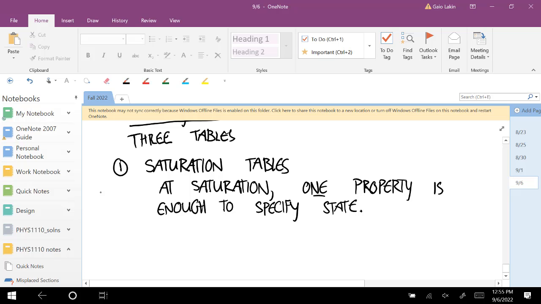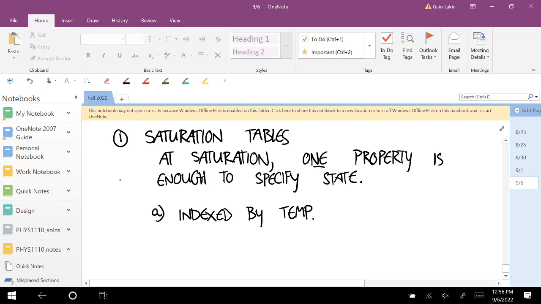So the saturation tables, since you only need one property to specify the state, can be indexed by the temperature. And you have to know whether you're dealing with a saturated liquid or a saturated vapor.